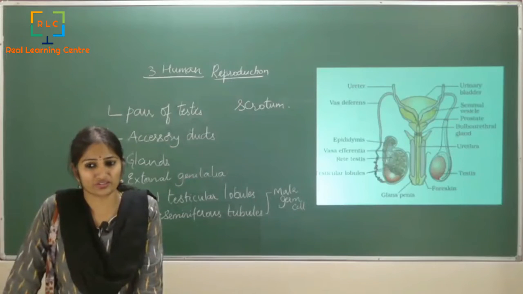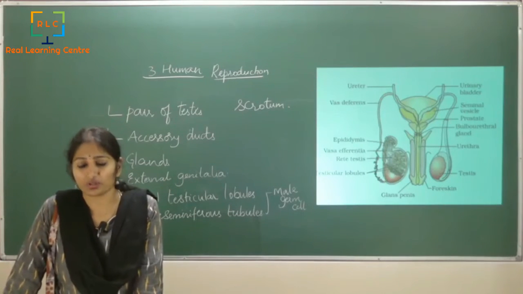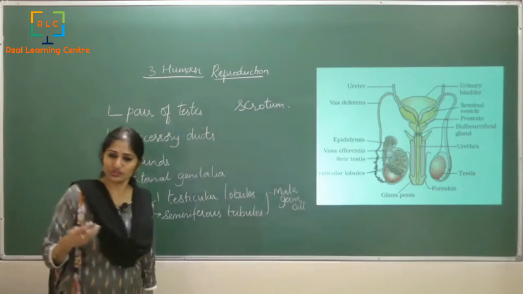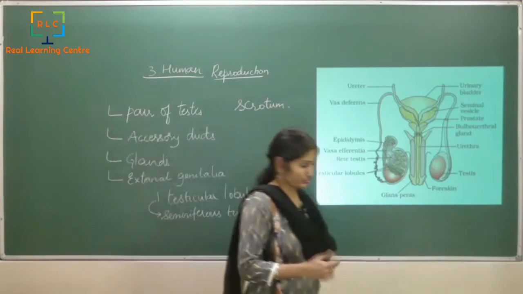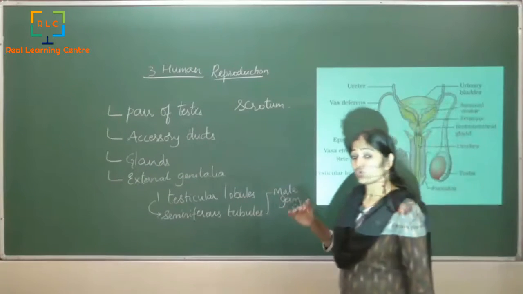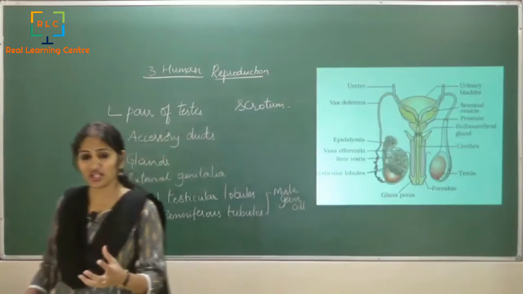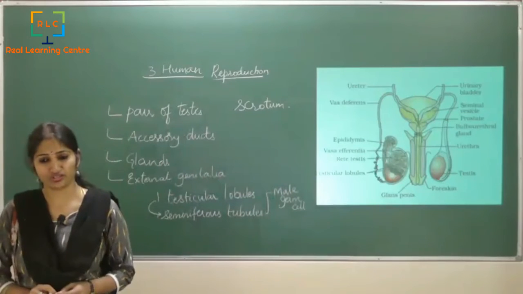But please look at this here. We will talk about the structure of the sperm later. But you see, the sperm cell also needs some kind of nutrition to survive. Yes or no? Obviously, yes. If they want nutrition, there has to be some other cell which is giving them nutrition, right?